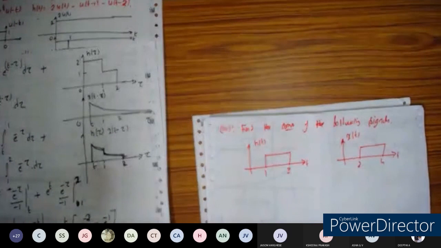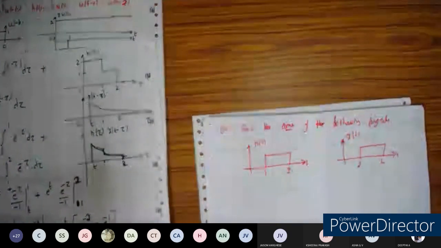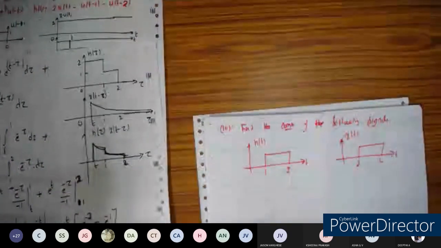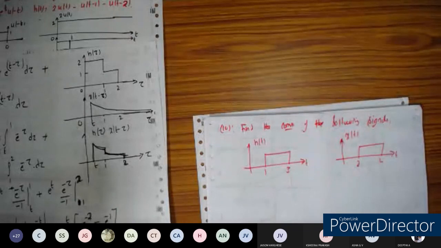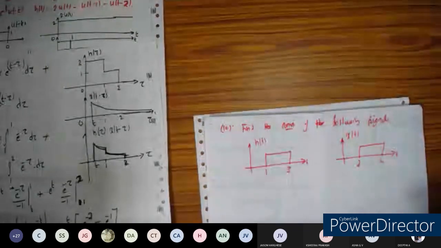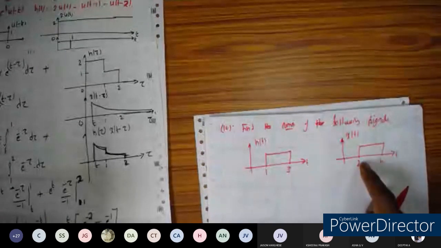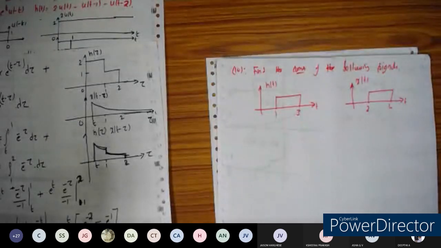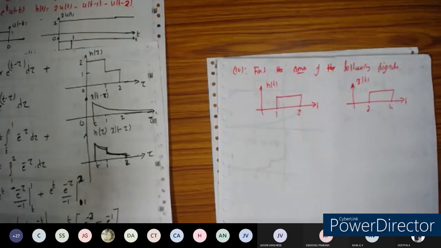So take this problem and you can find the convolution. Can you do this as homework here? I already did the first problem in today's class, a similar kind of problem. So you can do this as homework so that I can take another kind of problem.